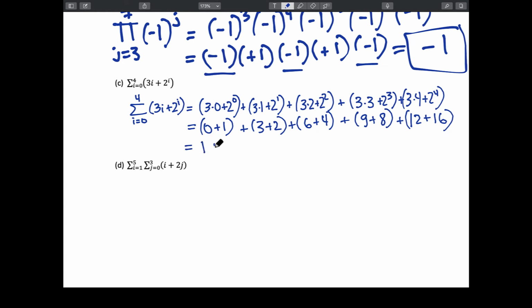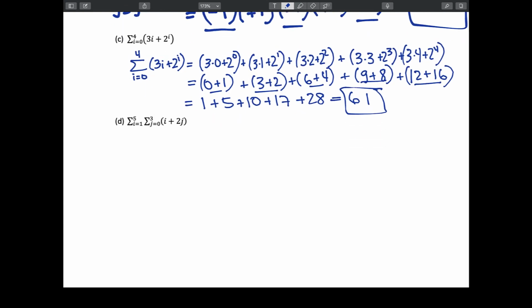So that's 1 plus 5, plus 10, plus 17, plus 28. We can add those all up. 1 plus 5 is 6, plus 10 is 16, plus 17 is 33, plus 28 is 61. There we go. And of course you can do a quick check on your calculator if you want, but I think we've got it. Great.